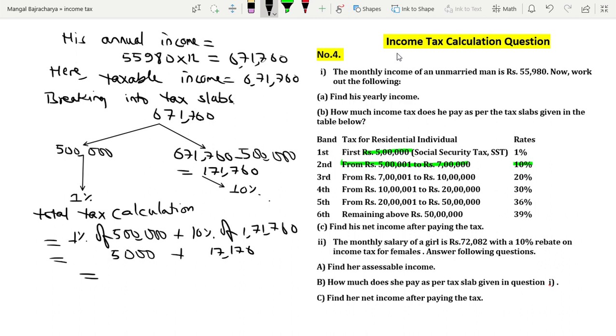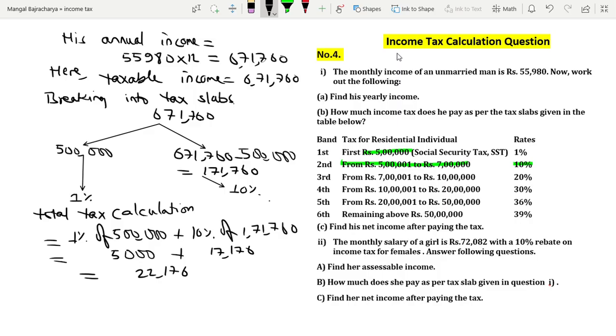So we get 17,176 plus 5,000, which is 22,176. So this is the total amount of tax to be paid by the person. So that is the answer for B. And now what is said here? C, number C, find his net income after paying tax, right?